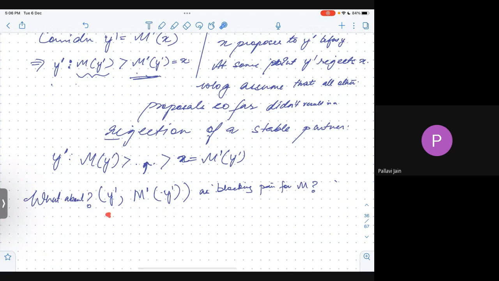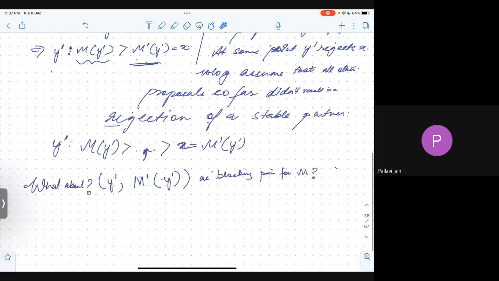Y prime's so-called better partner than X. Whenever you see things like this, you should immediately ask, why isn't Y prime and that person forming a blocking pair with respect to M? If you think about it, try to finish this argument. If you cannot, after the tea break, ask me. It's not complex, it just needs to be stared at for some time.